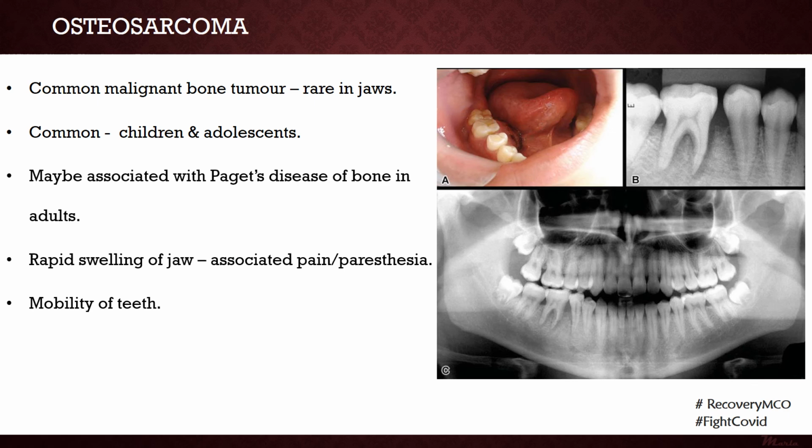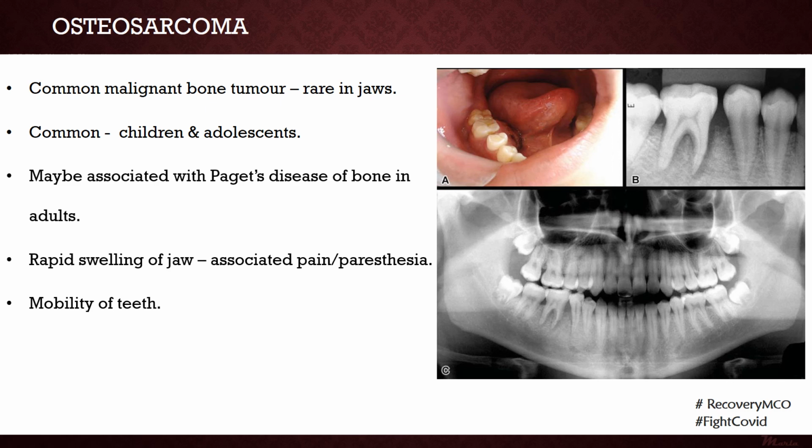Clinically, osteosarcoma presents as a rapid swelling of the jawbone. This swelling is generally associated with tooth pain, or paresthesia. This is because of the compression of the nerves by the malignant cells.